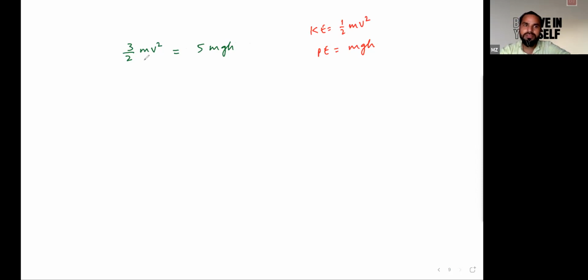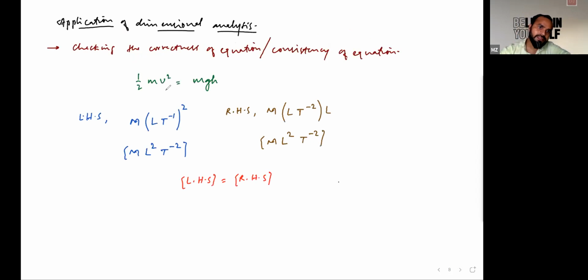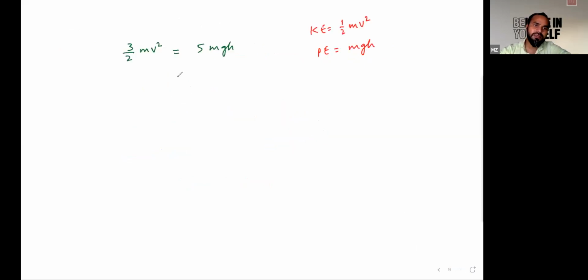So on the basis of dimension, this expression would also be shown to be correct, and similarly this expression is also correct. So how would we compare or confirm which equation is correct? We can't define it. So there is a limitation of this particular dimensional analysis. From this, we can conclude if an equation is dimensionally correct, it may or may not be correct.